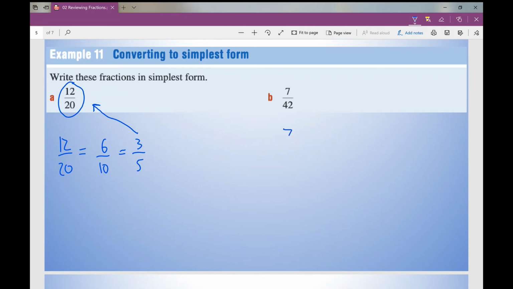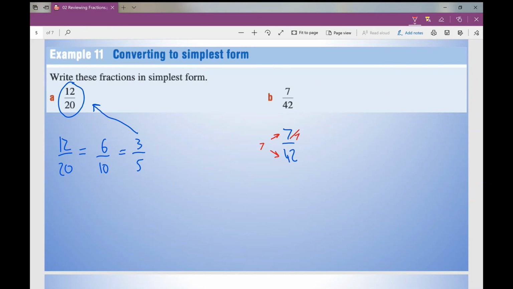When we have odd numbers like this, it's a bit more complicated. We can't just start by dividing by 2. But what we're looking for here is we're trying to think of a number that we can use to divide 7 by and also divide 42 by. In this case, the answer is going to be 7.